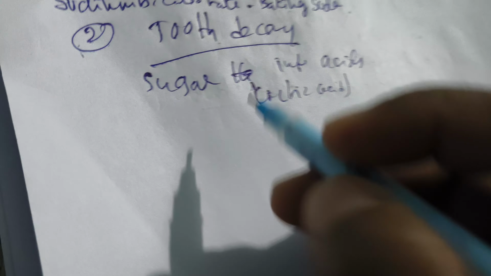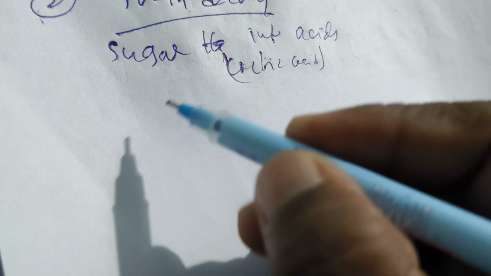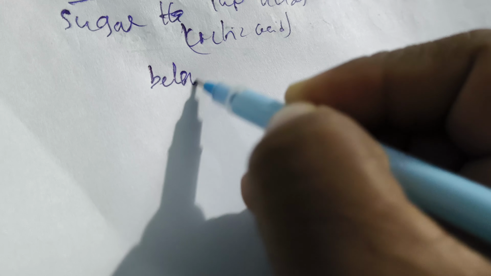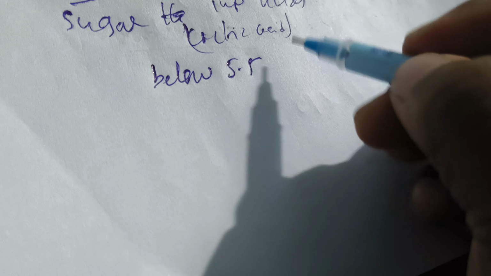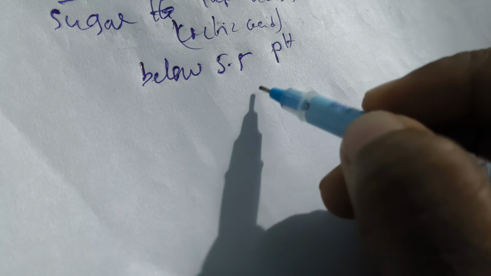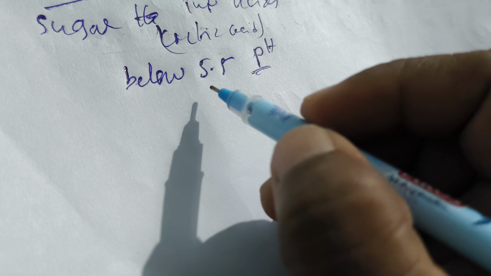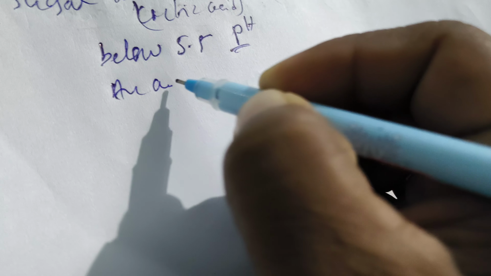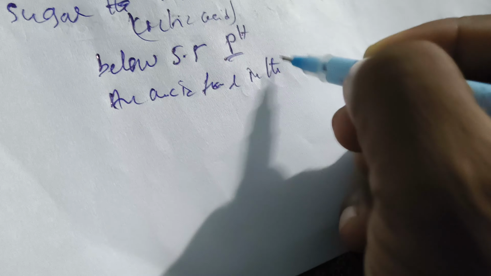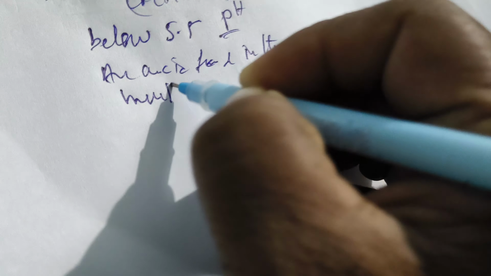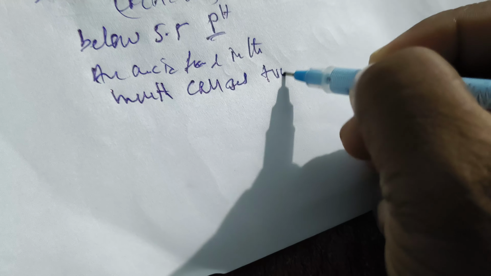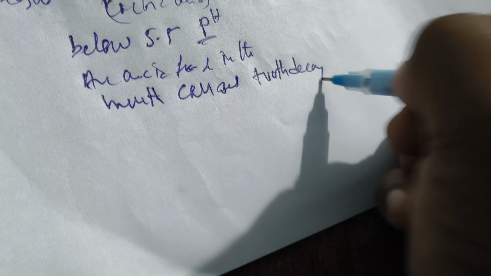So when the pH of the mouth is below 5.5, the acid formed in the mouth causes tooth decay.